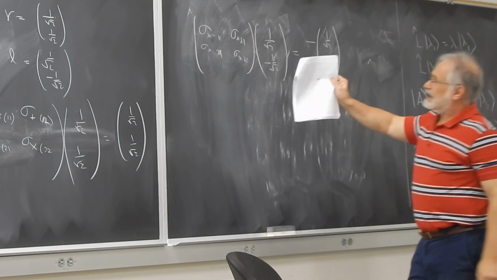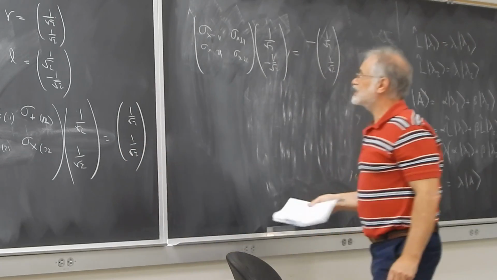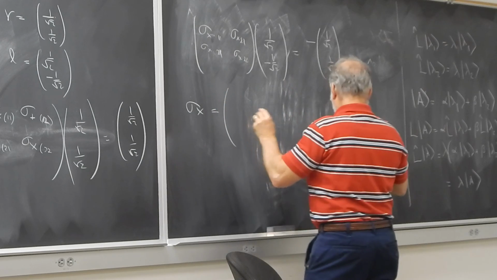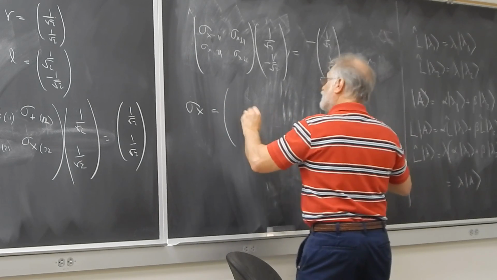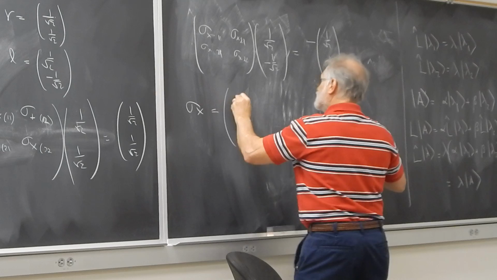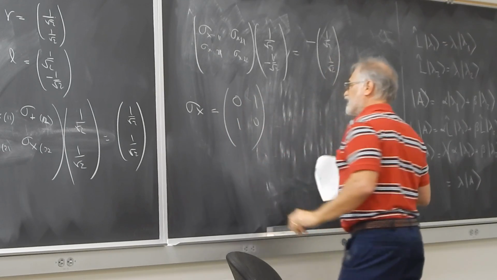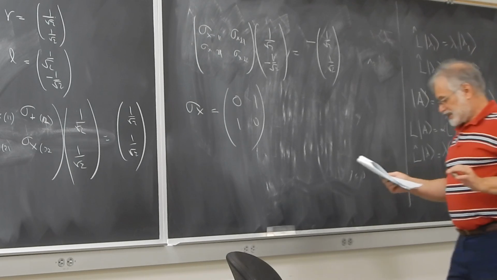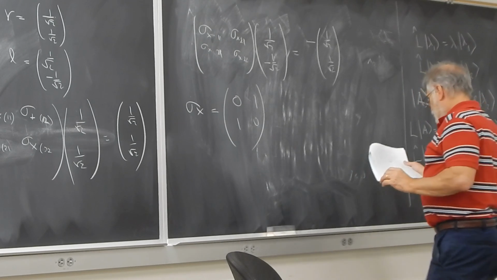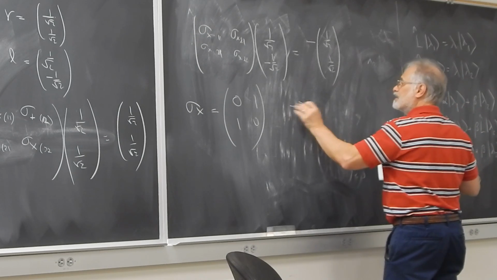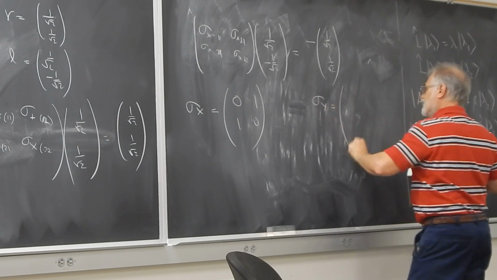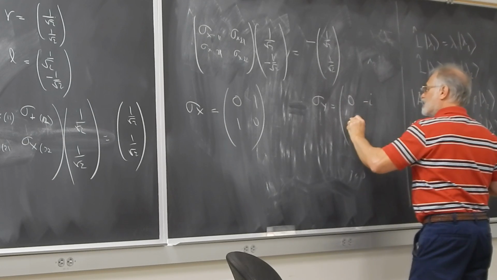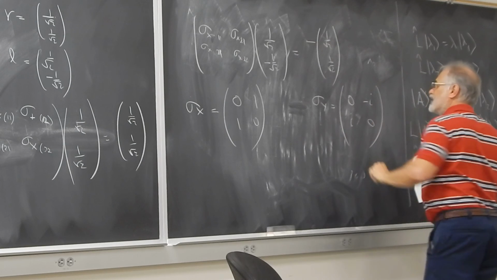The only way to have consistency for these two equations would be if sigma x is going to be (0, 1; 1, 0). We can do the same operation for sigma sub y, and what we will get for sigma sub y will be (0, -i; i, 0).